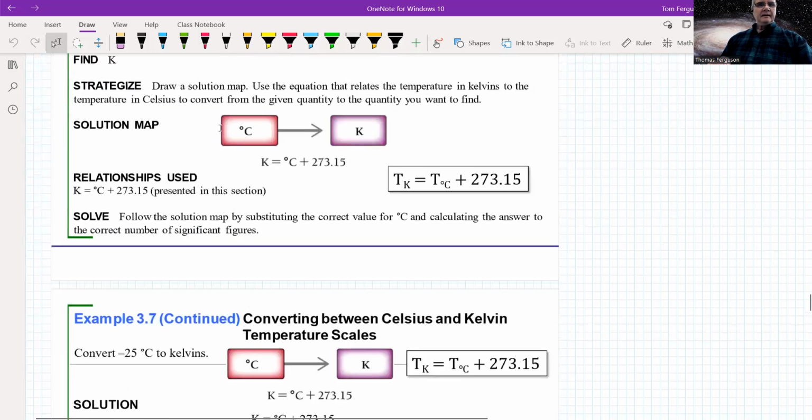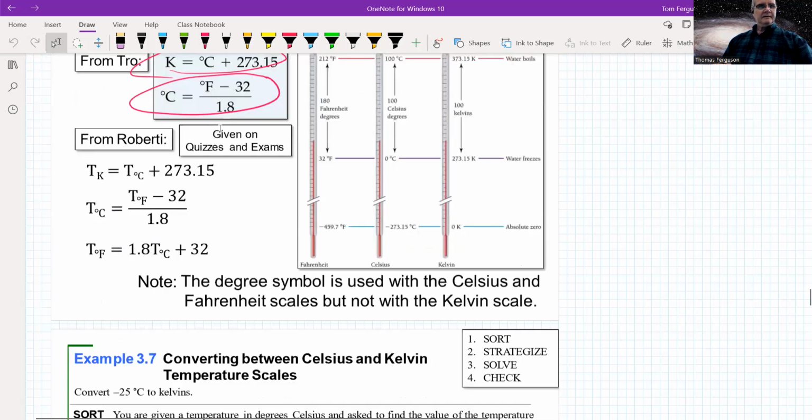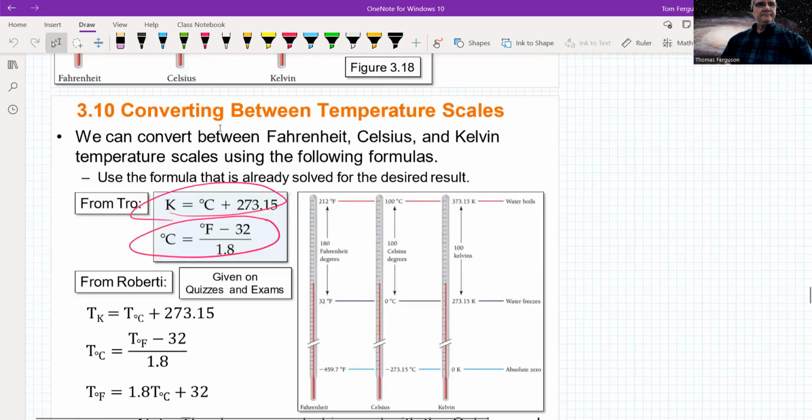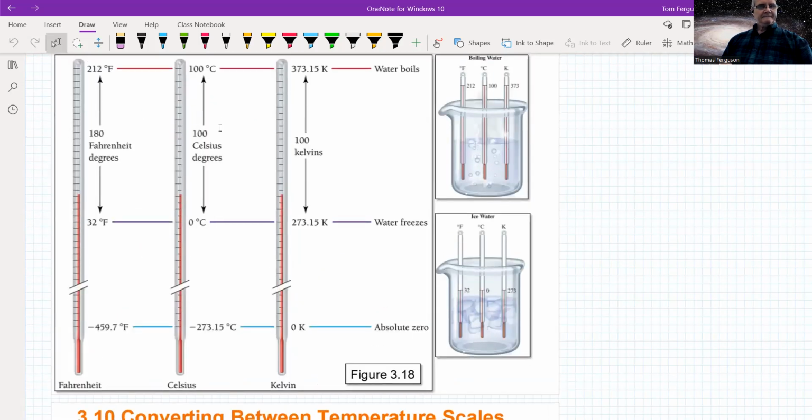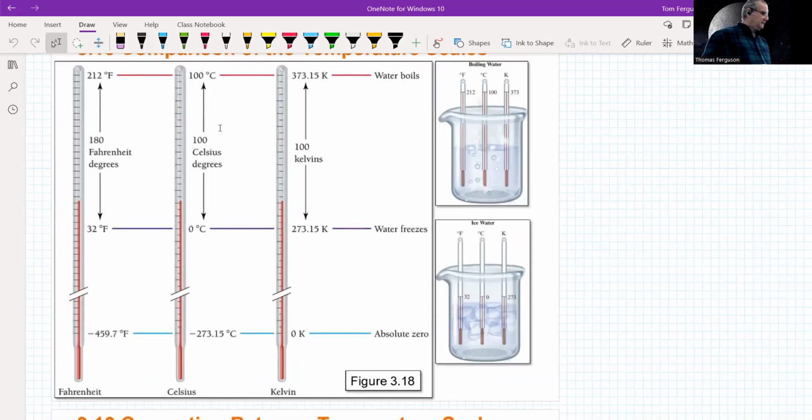Now, there is a relationship between Fahrenheit and Celsius, and there are some conversion factors and all that. We're in a science class, we use metric units, so I'm never going to ask you to go from Fahrenheit to centigrade. But you do need to know that Fahrenheit is also a metric.